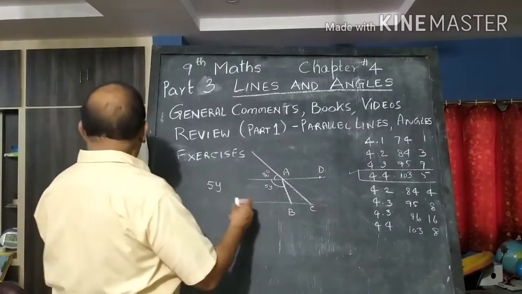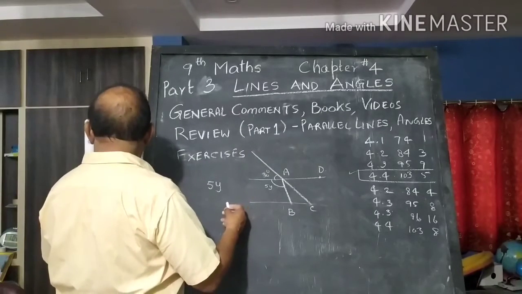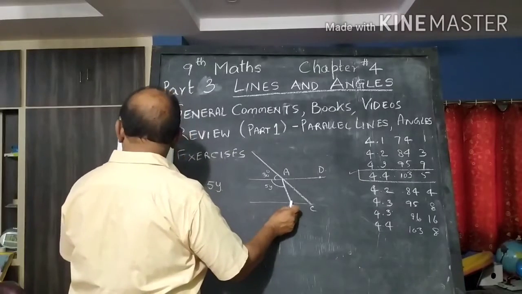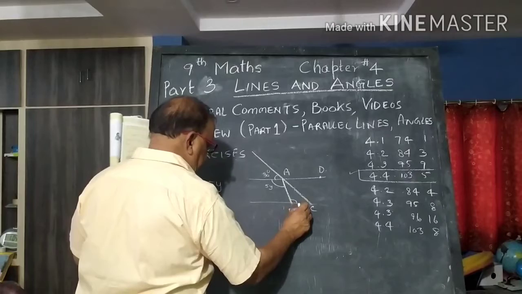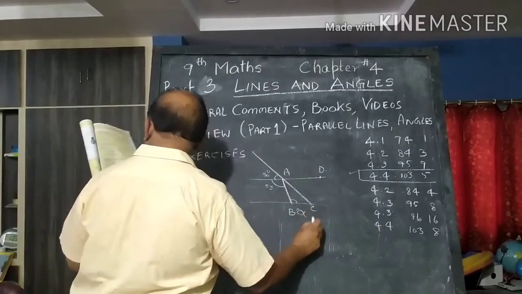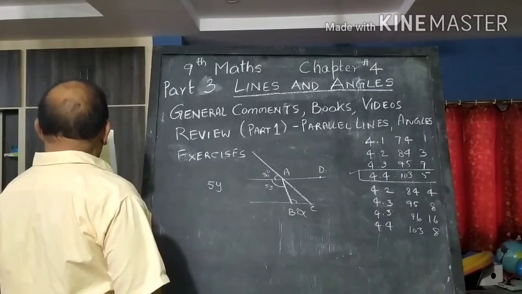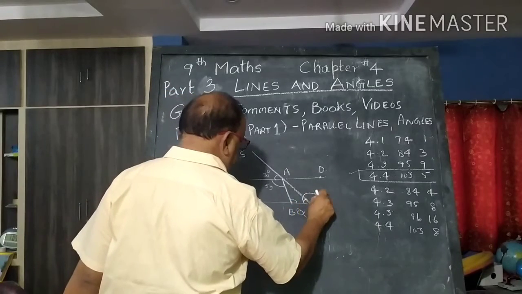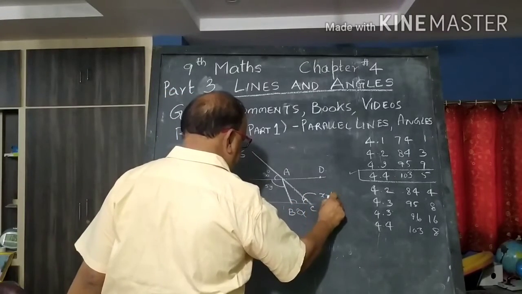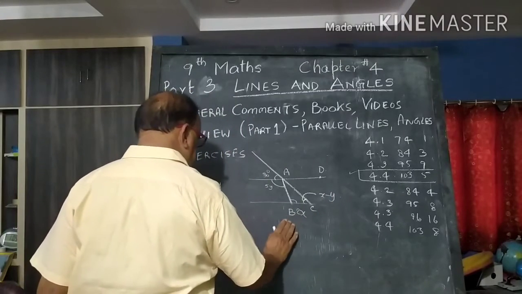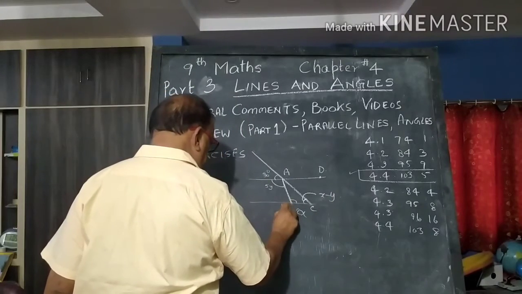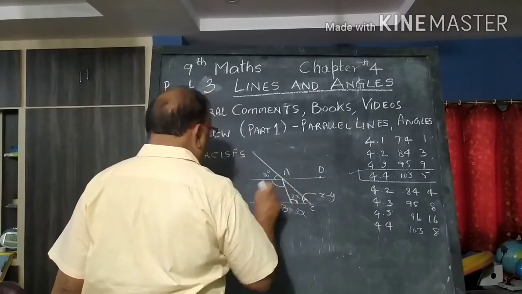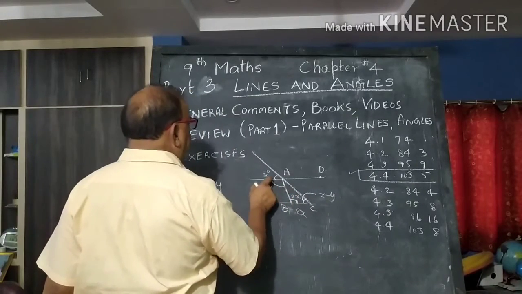And this angle is 2x, and the other angle is x minus y. This one is x minus y. So this is 2x, angle B, this angle is 2x, and this is 5y and 30.